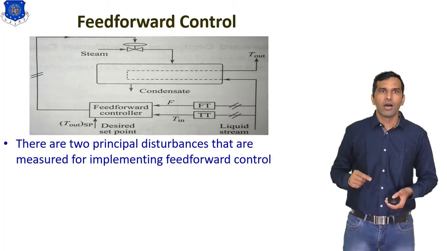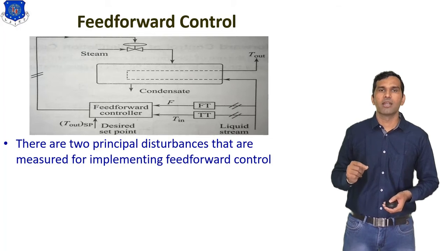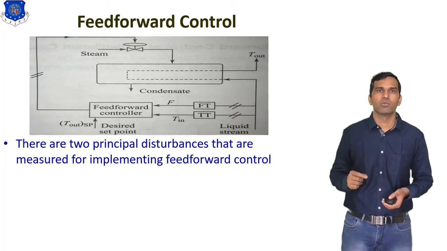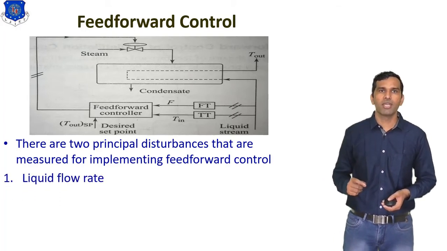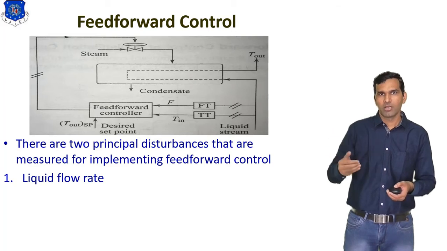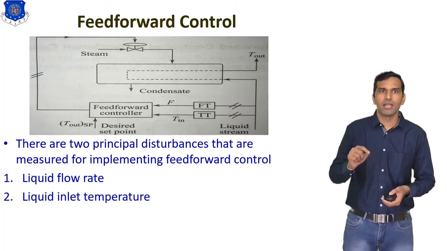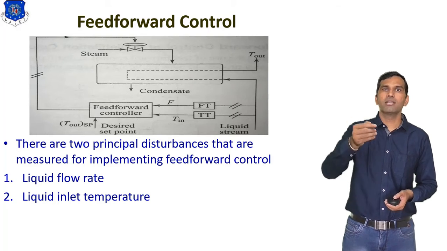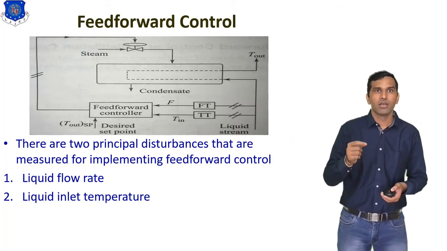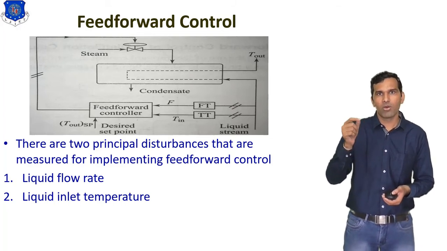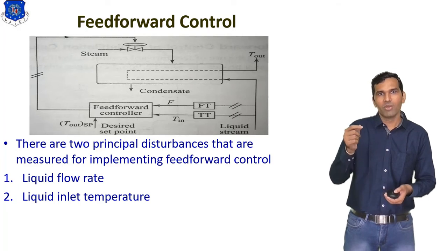Here there are two principal disturbances that are measured for implementing the feed-forward control system. Which are they? The first one is the liquid flow rate, the F. And then the liquid inlet temperature. You can see in this figure we measure the value of F and TE, that means the liquid inlet flow rate and the inlet temperature.